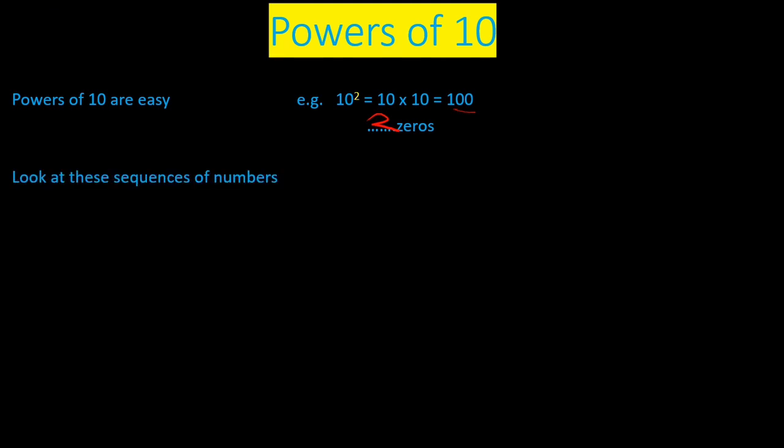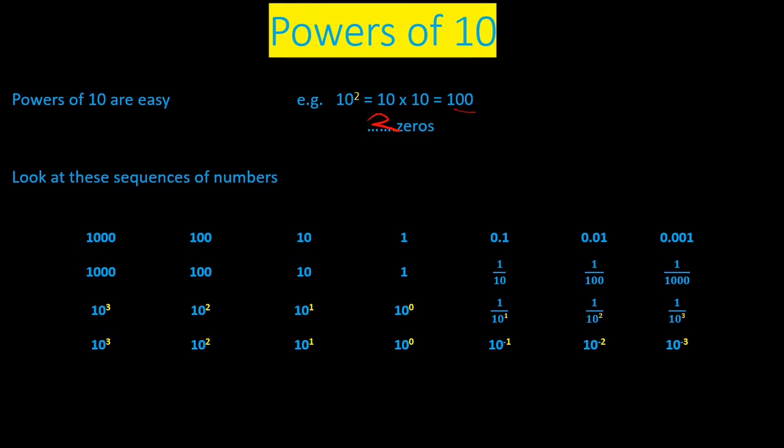Okay? So let's look at this sequence of numbers. Here we have 1000, and here we have 100, here we have 10, here we have 1, 0.1, 0.01, 0.001.